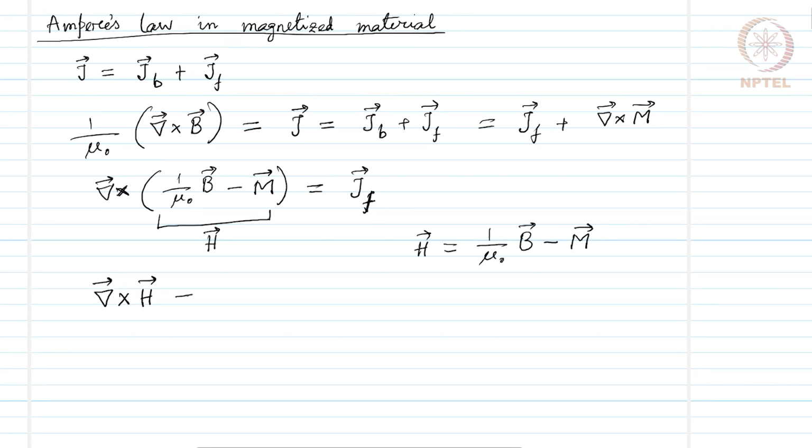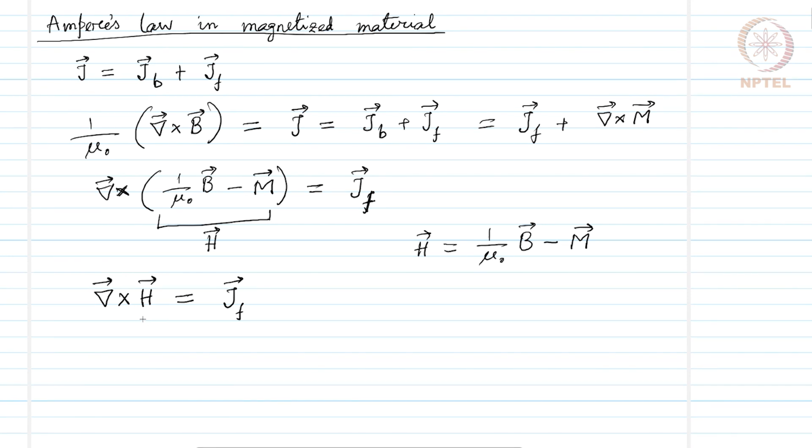Curl of H is given as JF. So, we had a displacement vector in the context of electric field in polarized material. In the context of magnetic field in material that gets polarized due to this magnetic field, we have this H field.